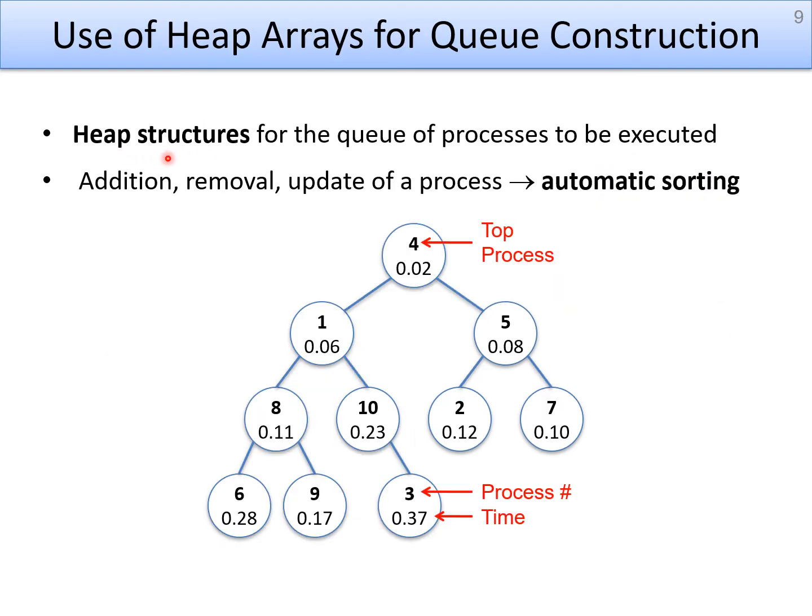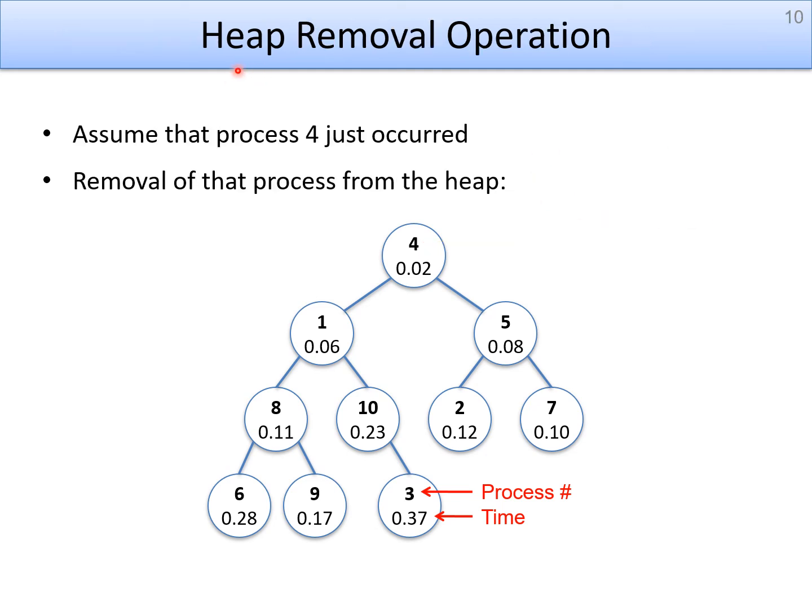So efficient kinetic Monte Carlo algorithms would implement heap structures for the queue of processes to be executed. And there would be, of course, operations, subroutines that deal with the addition, removal, or update of a process, which would result in automatic sorting. So let's look at some of these operations, starting with the heap removal operation.